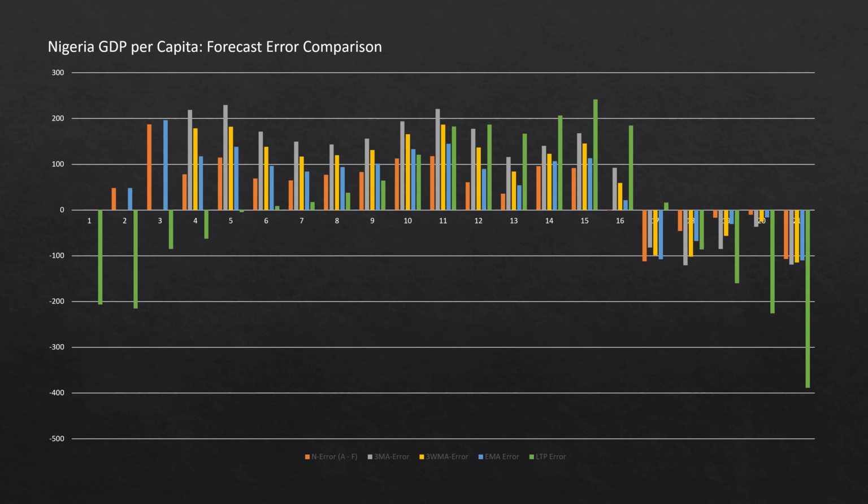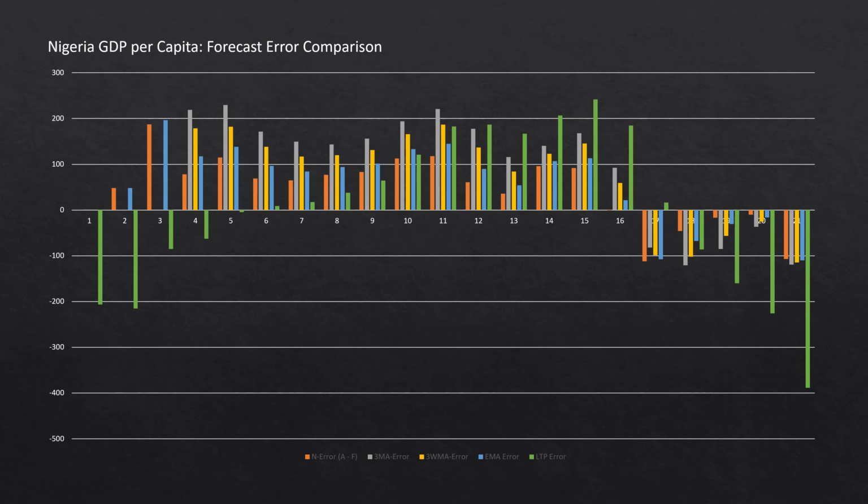And you can see that the errors on the ends are very, very large. But in the middle, they are very small. So at time period 5, 6, 7, they are very small errors. Then of course, as it goes, they get larger again. So this is just the nature of linear trend projection. We're looking at the entire time series as a whole, like a snapshot. We are modeling it.